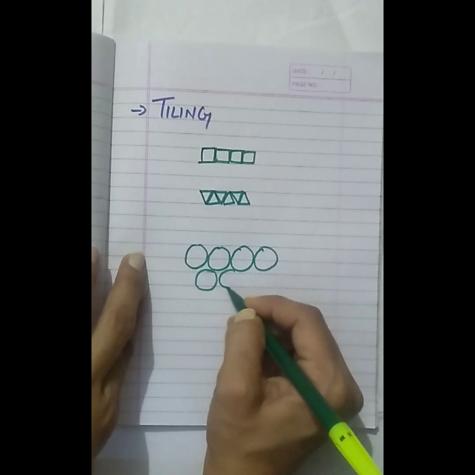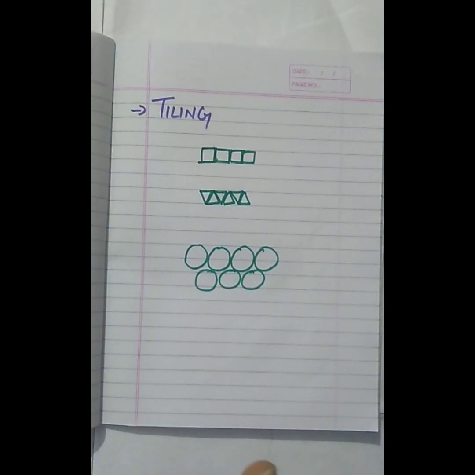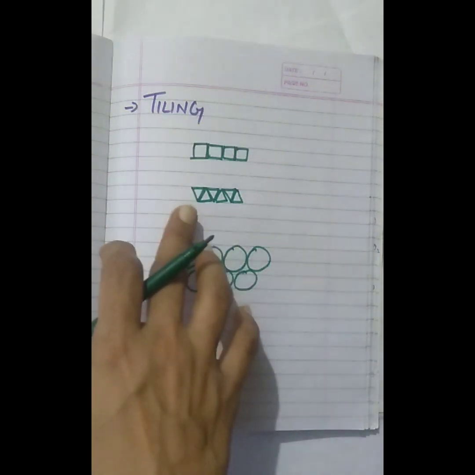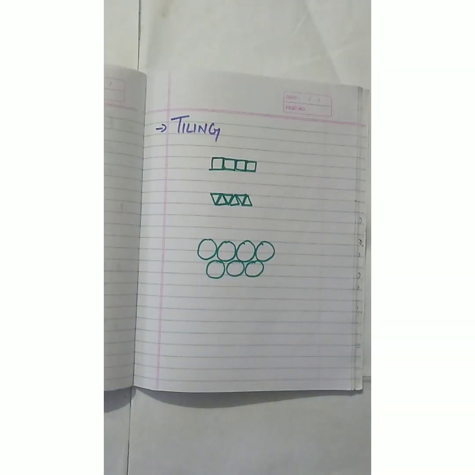It cannot be arranged in such a way that there is no gap in between. So that is not possible. Circular tiles cannot be used for tiling because they leave gaps. Tiles are available in different sizes as well as different designs. So it makes our walls very pretty.